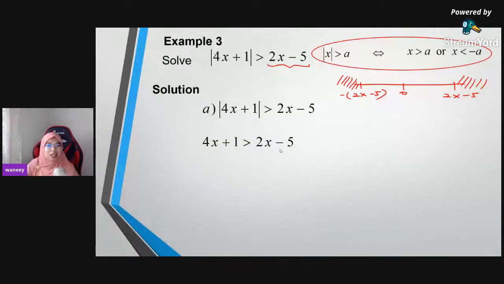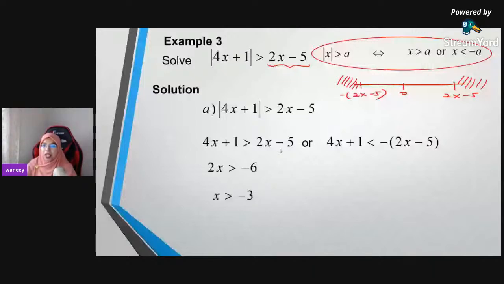So 4x plus 1 is greater than 2x minus 5, or 4x plus 1 is less than the negative of 2x minus 5. Of course, you should make sure you have x as the subject. On the left hand side, we get x greater than -3. On the right hand side, we have x less than 2/3.